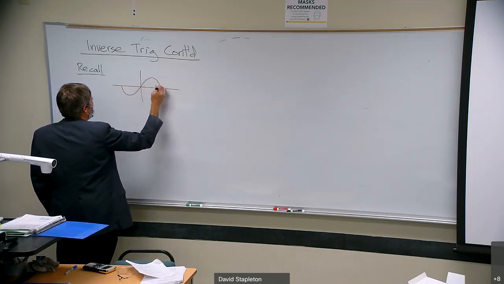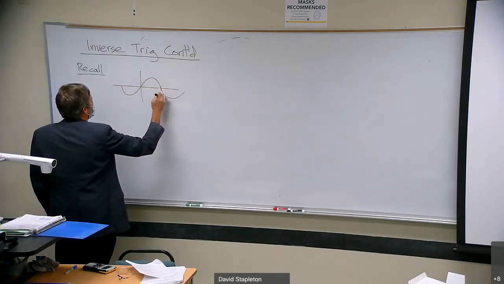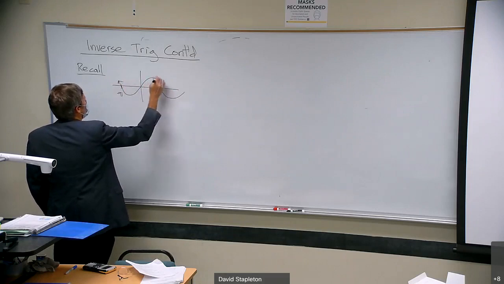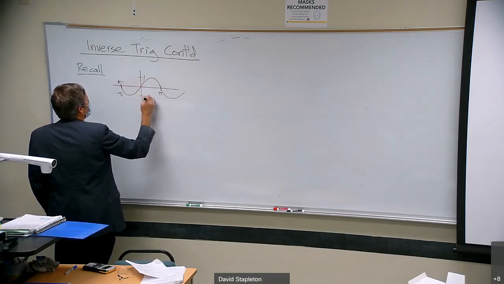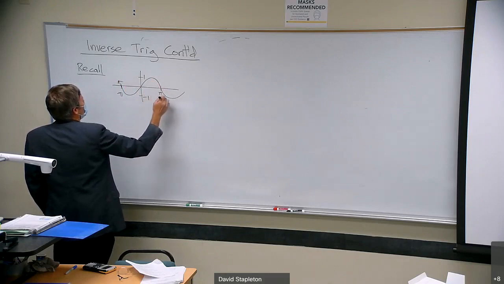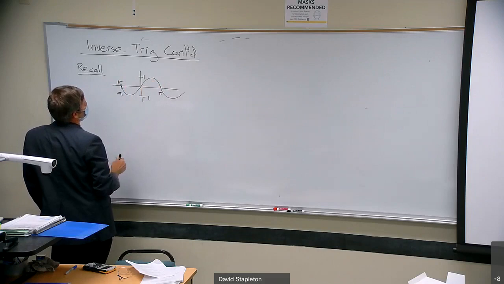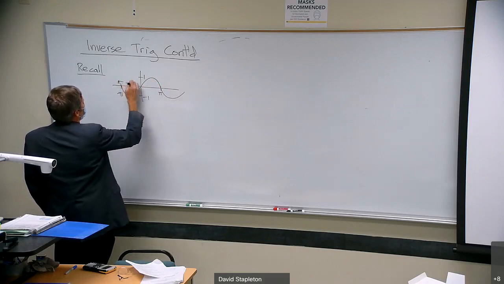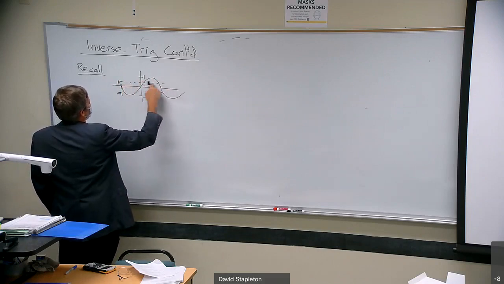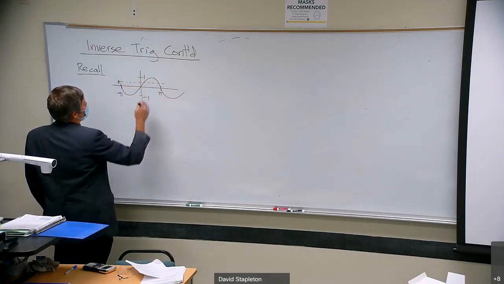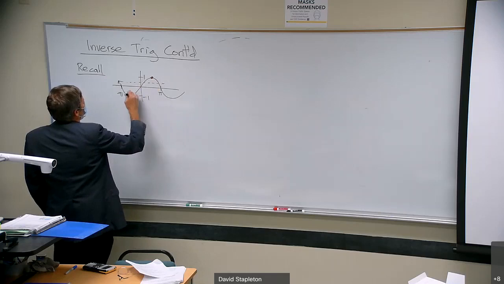Right? And so here's the sine. And we can't find an inverse that's a function for this one because a horizontal line through here intersects an infinite number of times, so the inverse won't be a function. What we do is we take this piece of the sine function.